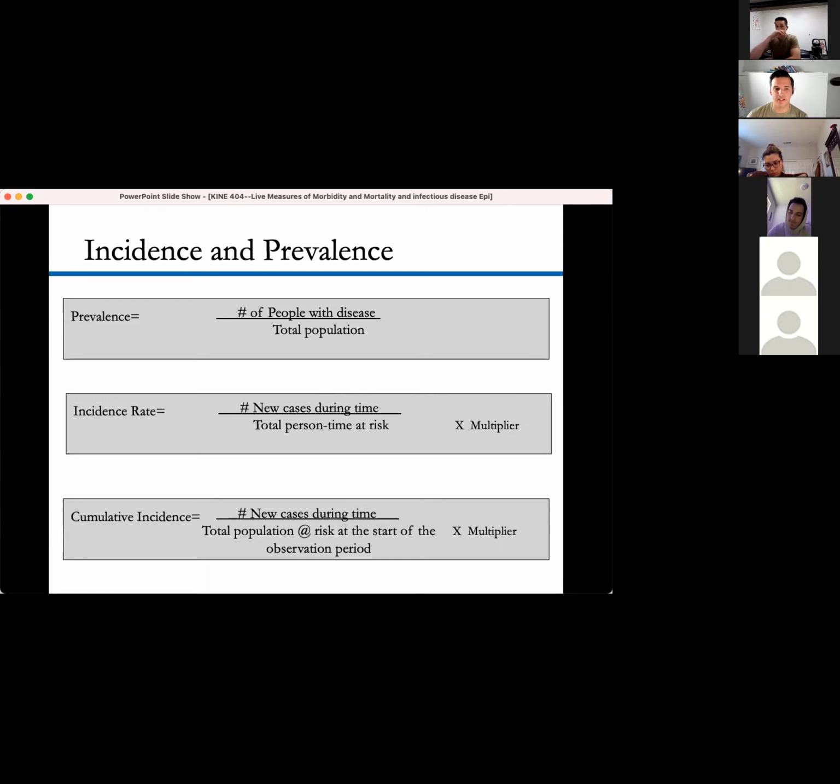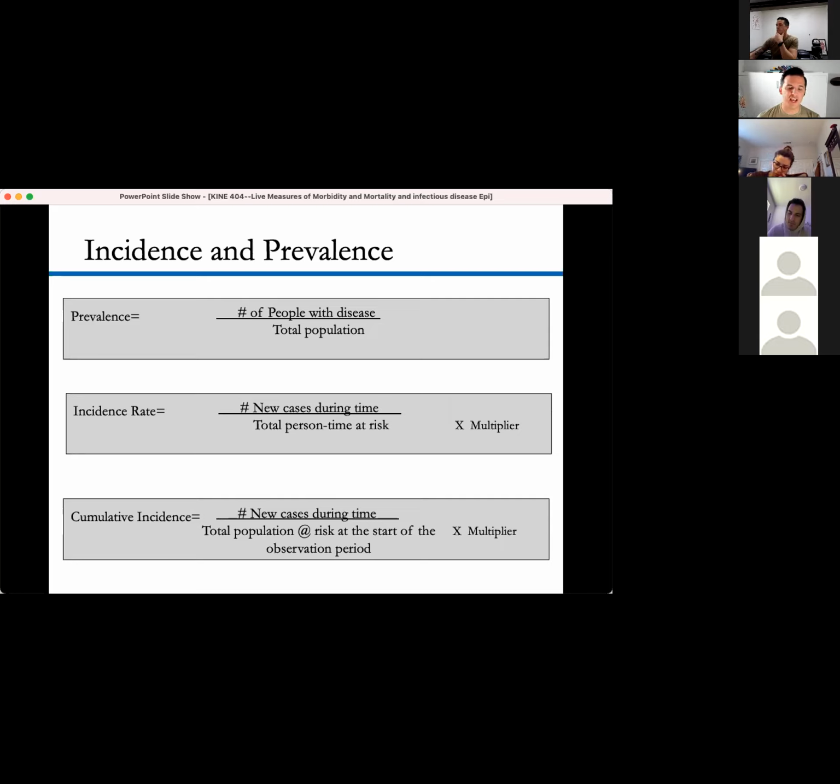We're going to talk in just a moment about what that total person time at risk means and what person time is. Our cumulative incidence is just out of our total population at risk as a whole. And so it basically means who is at risk of developing the disease overall.